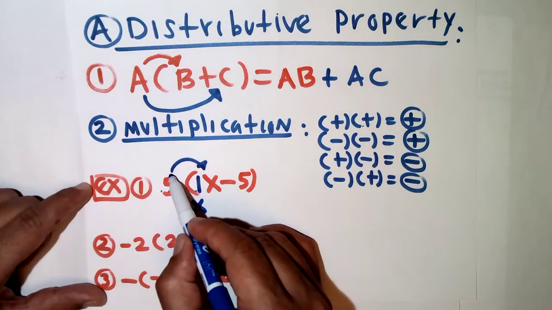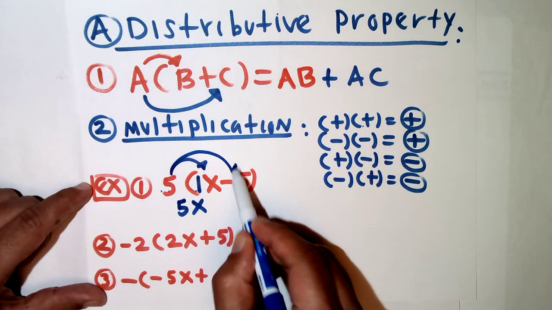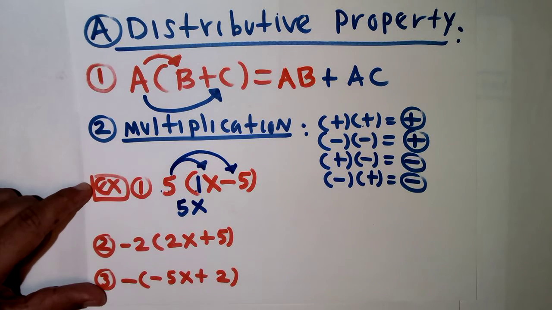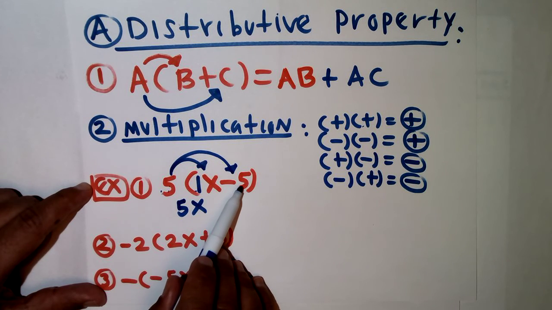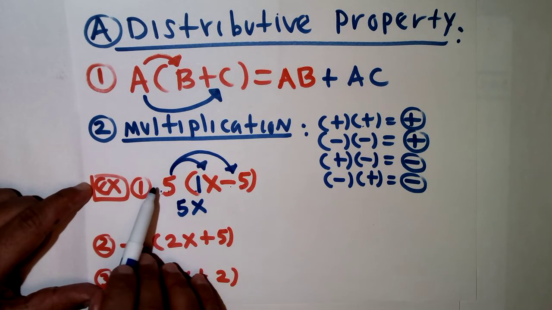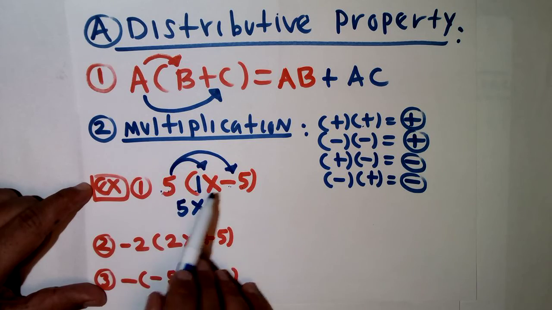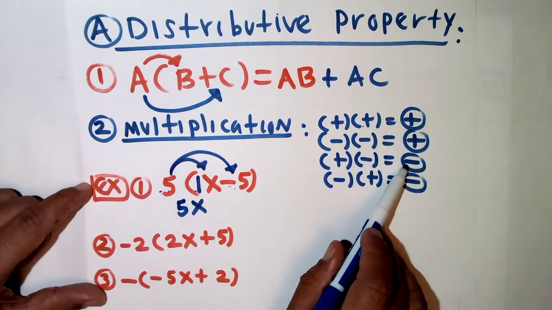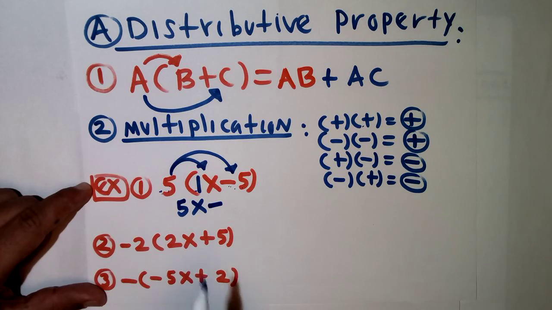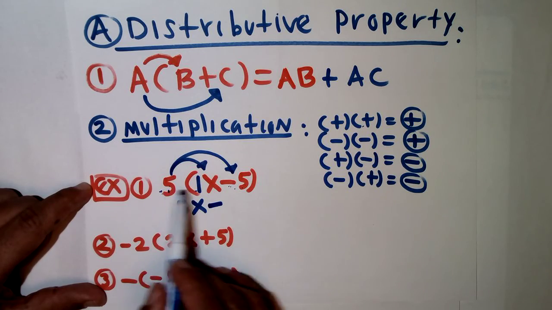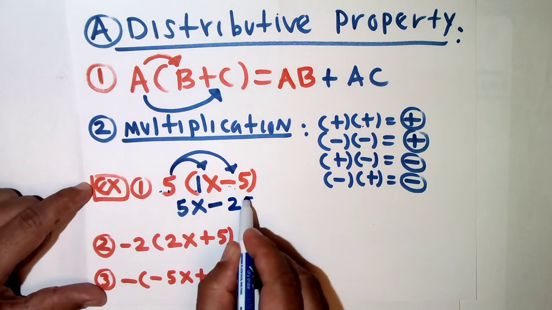Now, the second one is 5 times negative 5. Once again, look at the signs. That 5 is positive, and this 5 inside is negative. So the signs are not the same, which implies it's going to be negative. So you put a minus sign here. Now you proceed to say 5 times 5, which is 25.